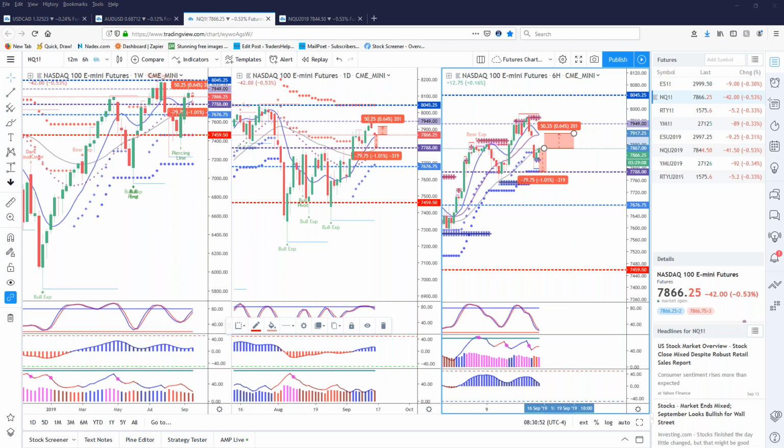Understand? To me, that would be a scalp, okay? That would be a 15-minute trade for me from a 15-minute time frame. Everybody understand that?